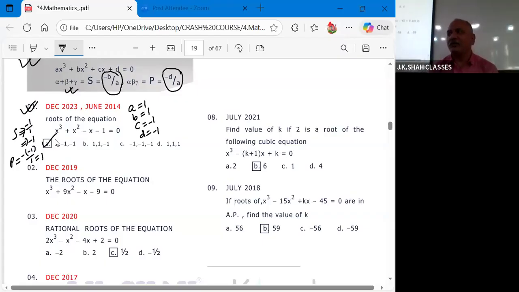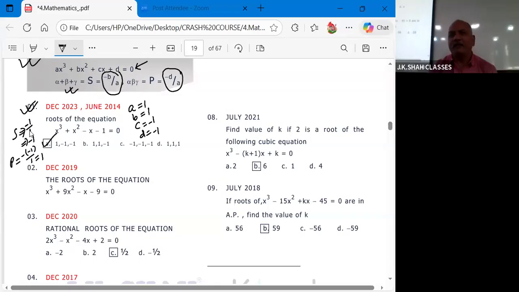Same approach. Understood? Whenever they give the equation, try to match it with the standard form and find a, b, c, d. A is with x cube, b is with x square, c is with x, and d is alone. Correct? We have calculated that. Now, according to the concept, the sum of the roots will be minus b by a.